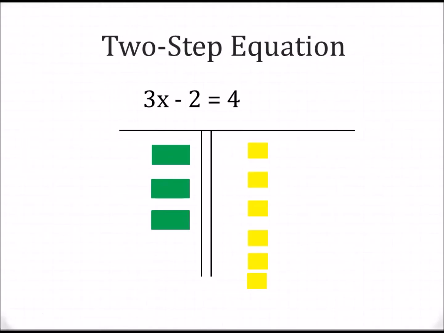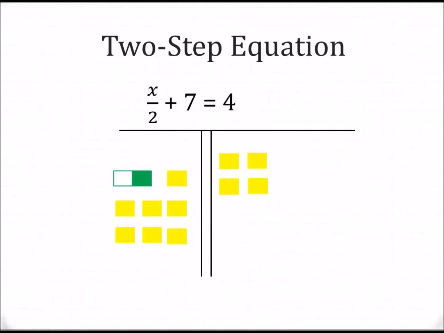So now let's divide the 6 into the 3 x's right there, so that we can figure out what is 1x. So 1x is equal to 2, because this is 1x right here and this represents 2. So each 1x will have 2 tiles right there. So x is equal to 2.